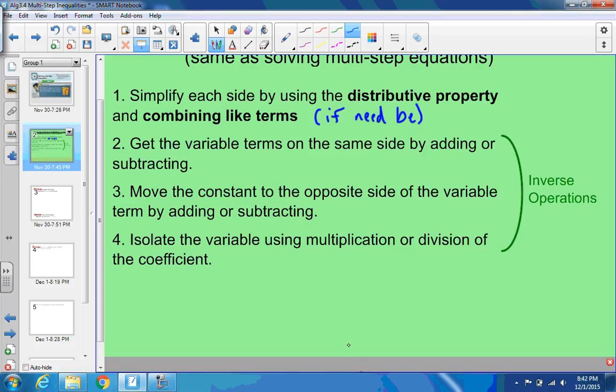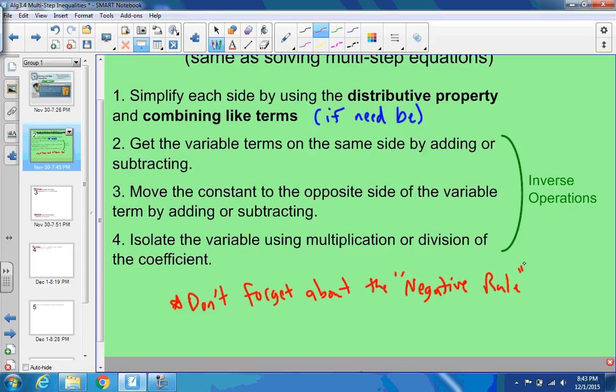Now I do want to add in one thing that wasn't here before. Don't forget to use the negative rule. I'm going to type up the negative rule here again for you, because people tend to forget that it is only applicable for certain situations.